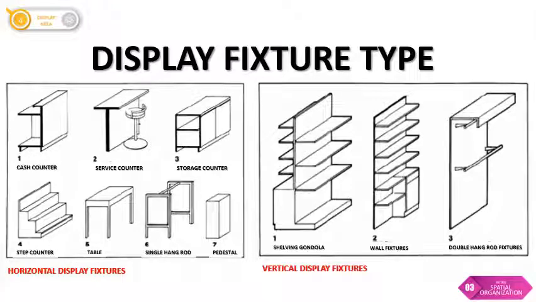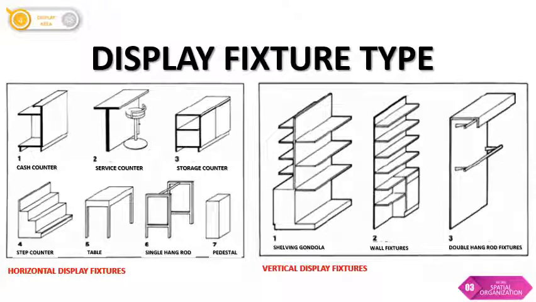Okay, so selain daripada display punya type, you kena juga faham, you need to understand the display feature types. Yeah, display feature type is a very crucial part lah you need to understand, because first you have to study the products, and then you have to study how to display the product in the shop. Okay, so display feature can be categorized into two types.